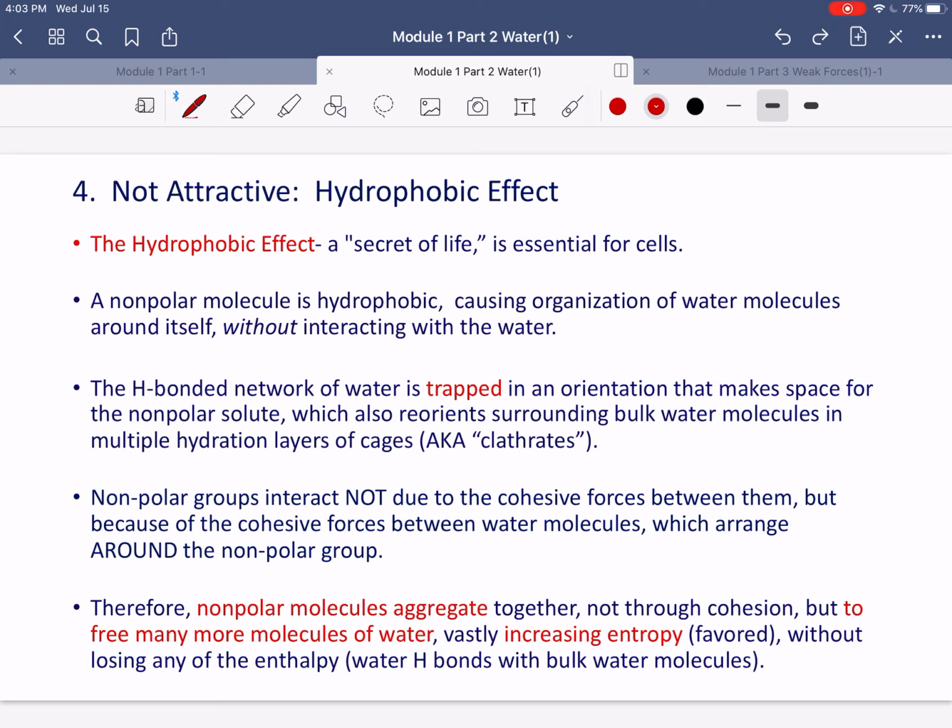In other words, any of the favorable hydrogen bonds that water makes with other water molecules. Okay, so those are still in place, but they're no longer frozen. So it's that motion that wins out in the hydrophobic effect. All right, we'll come back to the hydrophobic effect many times throughout the semester, but this is our introduction to it on this part here at the beginning.